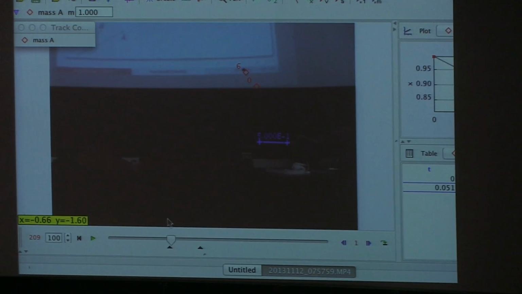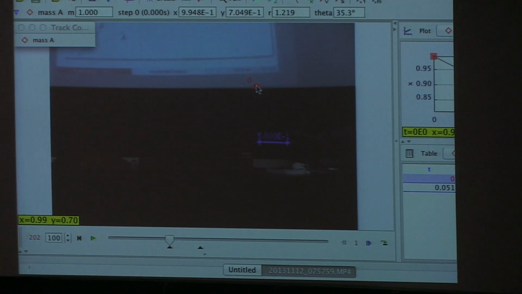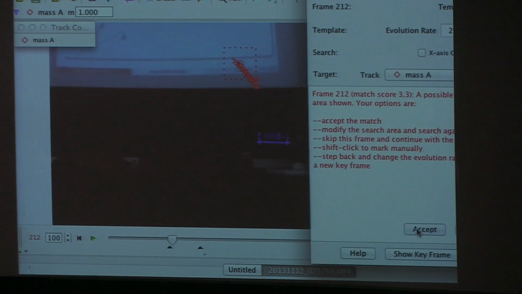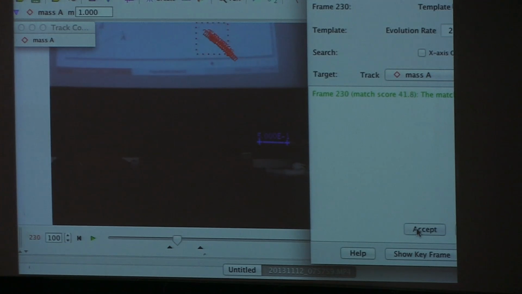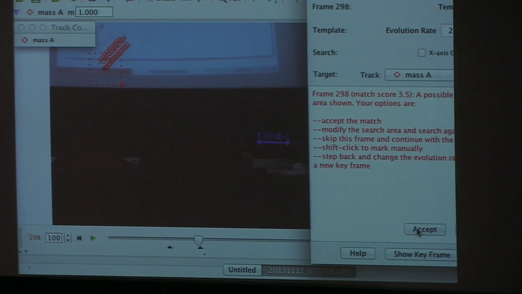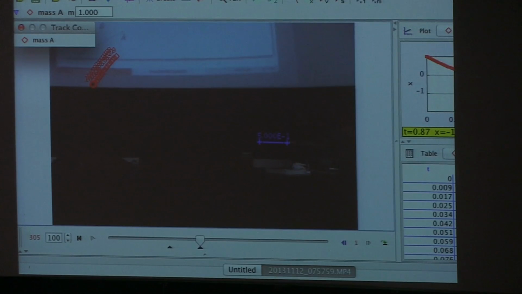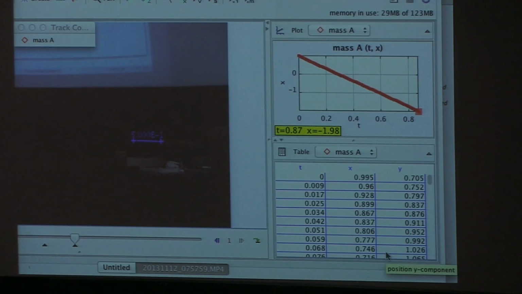Start it from the beginning. So these are the positions of my object at different times.